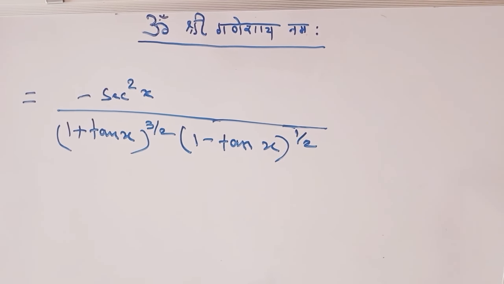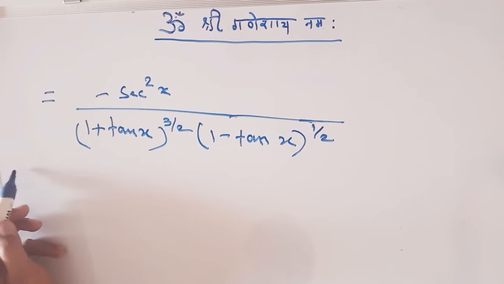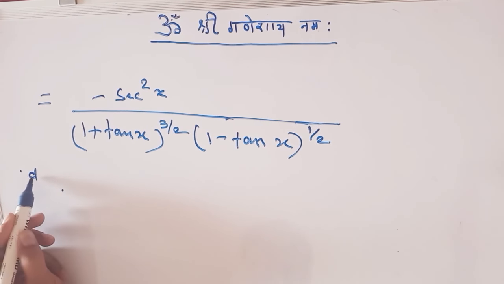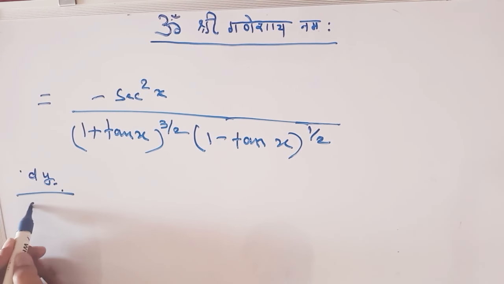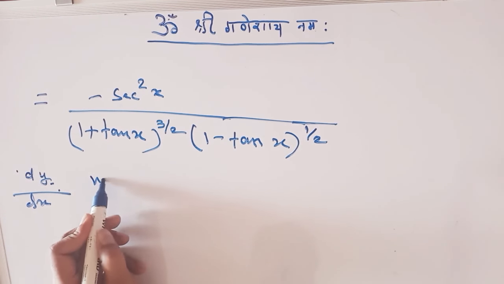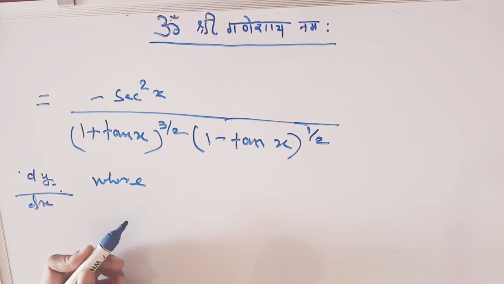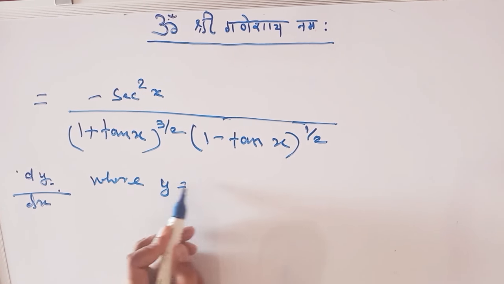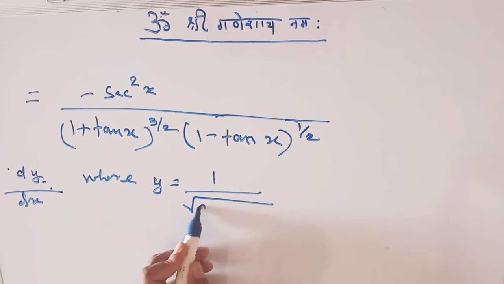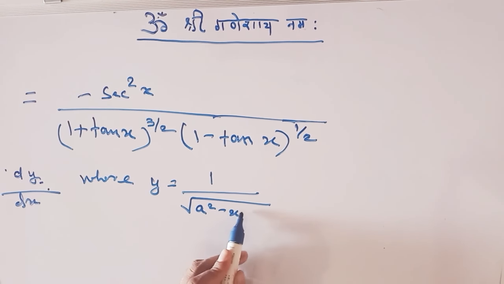Now go to the next question. Now here we have to find dy upon dx, where y is equal to 1 upon root of (a square minus x square).